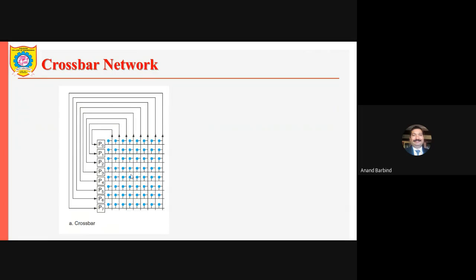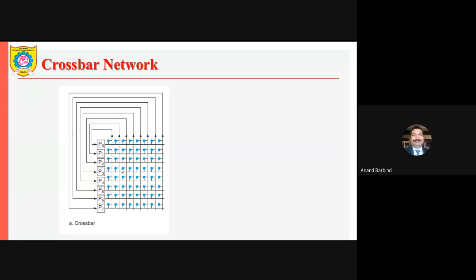There can be multiple connections at a time. Of course, in those multiple connections, different pairs of processors are involved. Every time it is not necessary that the nodes are always processors.